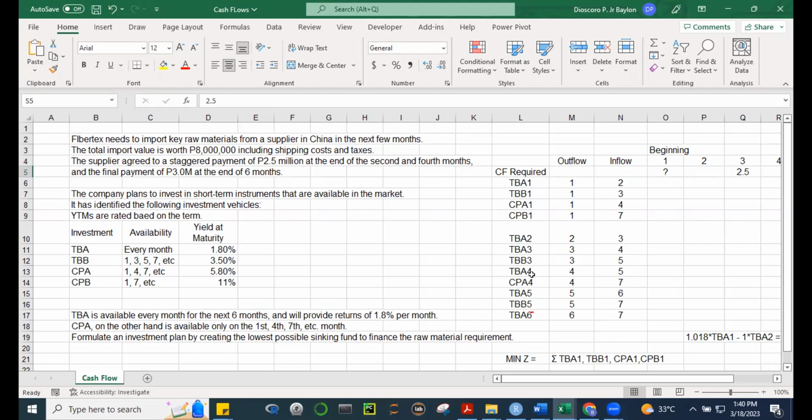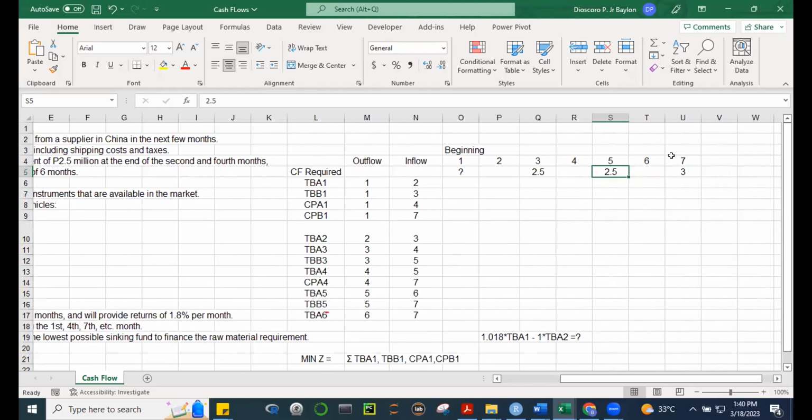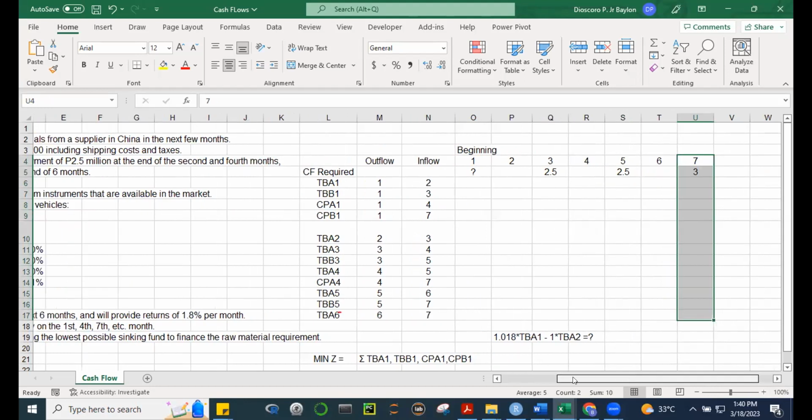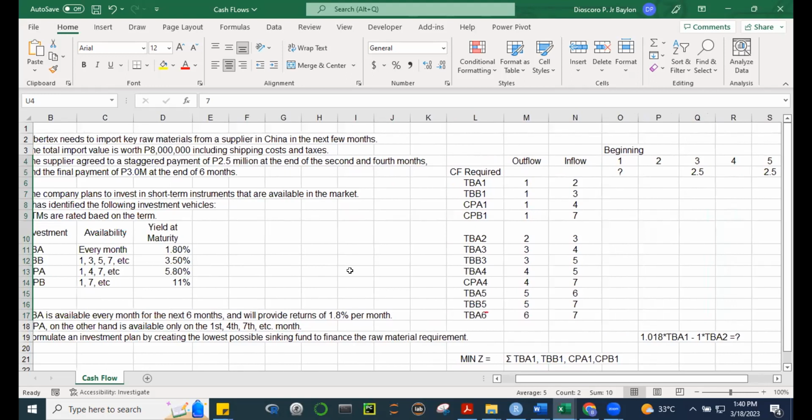TBA2, etc. Okay, so since we're only interested in the cash flow that will be generated up to the beginning of the seventh month, we should be able to identify what are the possible cash flows that will enter the picture. Okay, C1 definitely, since it has only a 1 month duration. So the outflow is 1, the inflow is 2.